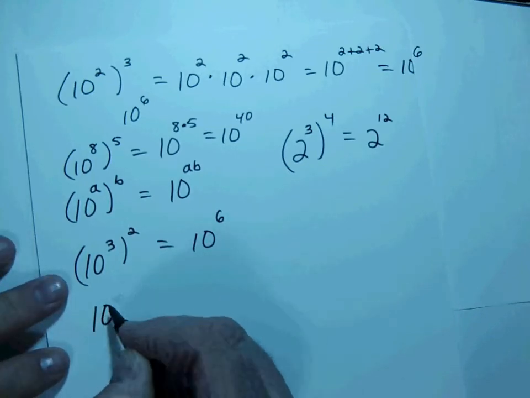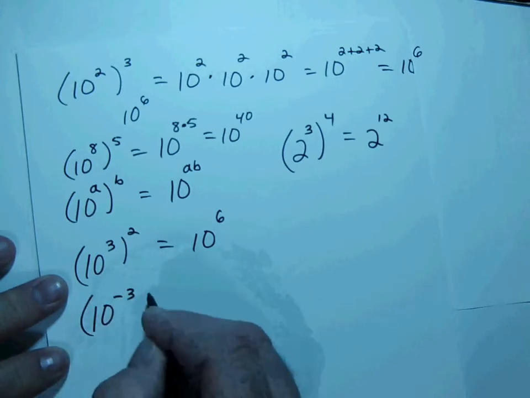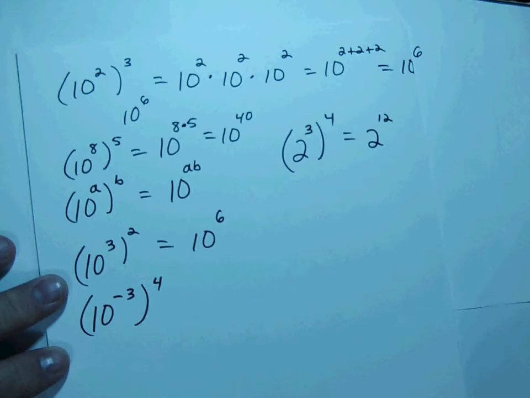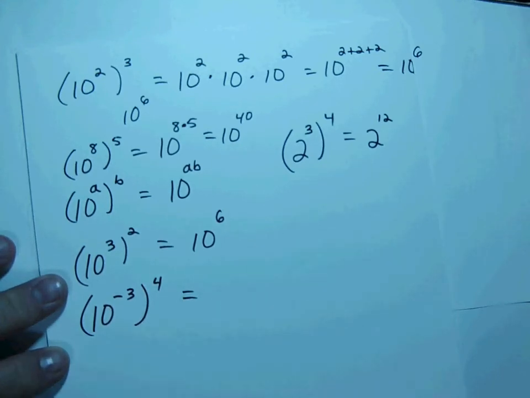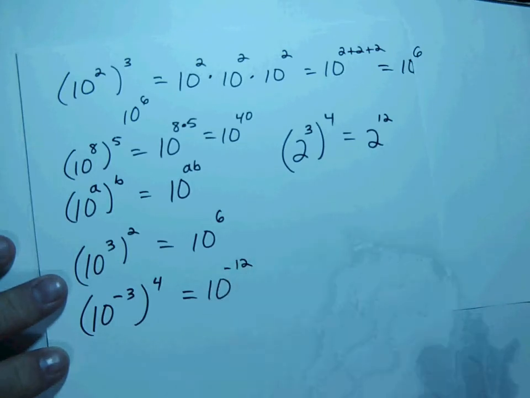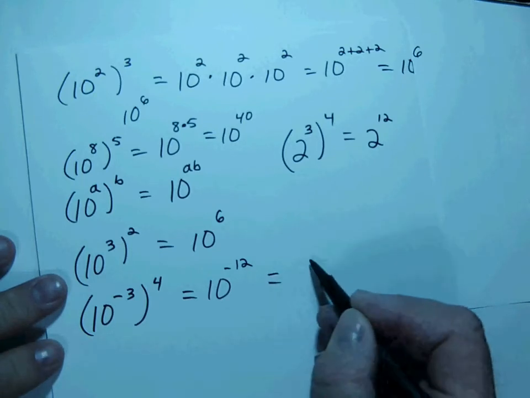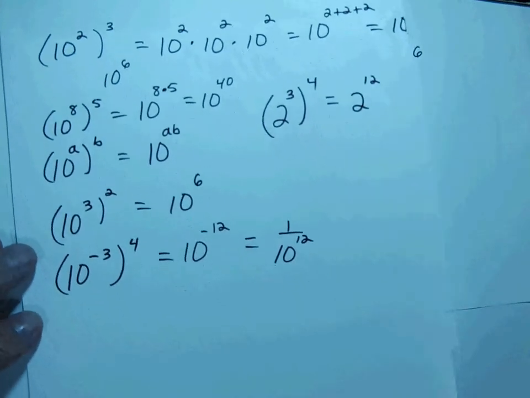What about part B of example 4, 10 to the power of negative 3 and then raised to the power of positive 4. I'm going to multiply the negative 3 and the positive 4 together. That's going to give me 10 to the negative 12. We should always take the extra step to clear those negative exponents out of there, so we'll call that 1 over 10 to the positive 12.